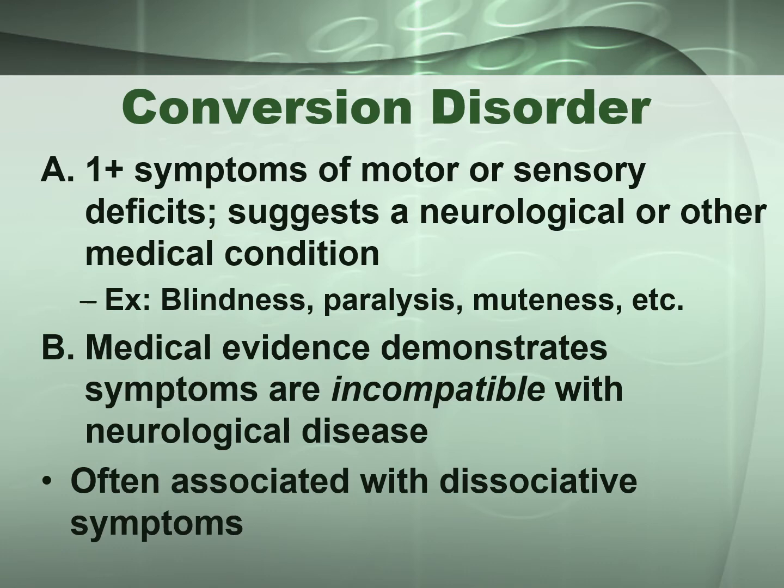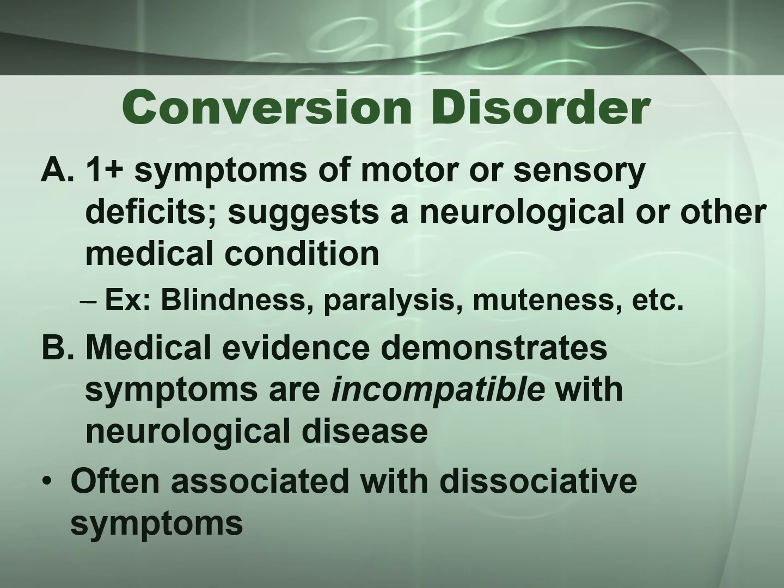And in the past, we would often see that individuals would have some medical testing, but once someone decided that there was no medical evidence for it, they were assumed to have conversion disorder. And we've now increased the standard of care, where rather than just, we've done some tests and we don't think there is anything there, now we have a higher standard where medical evidence has to demonstrate that the symptoms are incompatible with there being a neurological disease.